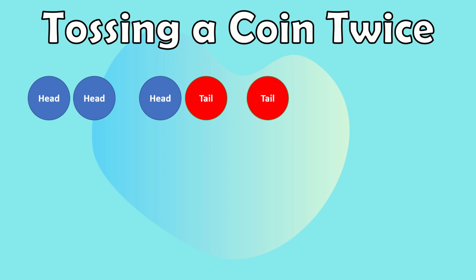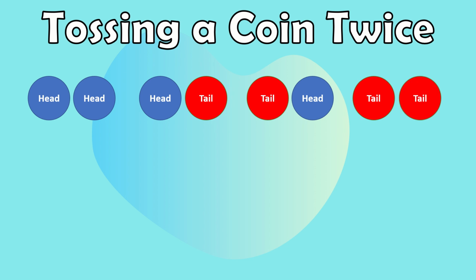Tinos mo ulit for the second time, naging head. And lastly, kunwari, nag-toss ka pa ulit ng twice ulit na magkasunod. Ang lumabas ay both na tail. So, grade 10, ito yung sinasabi natin na outcomes or ito yung mga possible results ng lahat ng ating experiment.